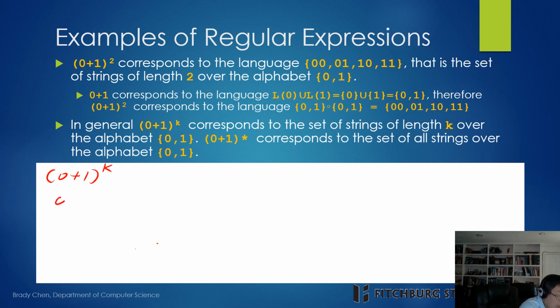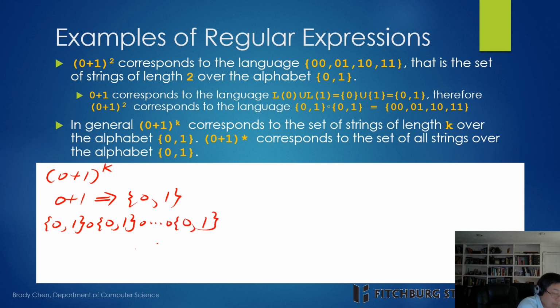Again, 0 plus 1 corresponds to the language 0, 1. To the k means it's a concatenation of k regular languages, the same regular language.